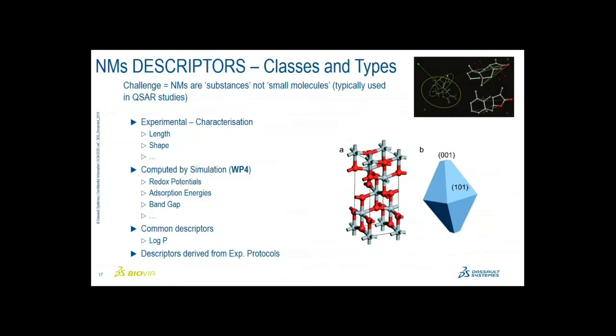So descriptors. The first issue is that in a typical SAR study, we use small molecules, and they are pure as such. Nanomaterials is often a complex set of different chemistry, or if it's the same chemistry, pure, then it might have a distribution.